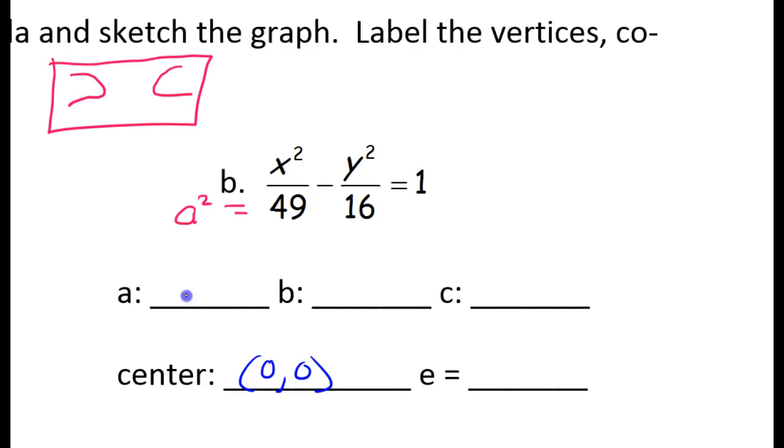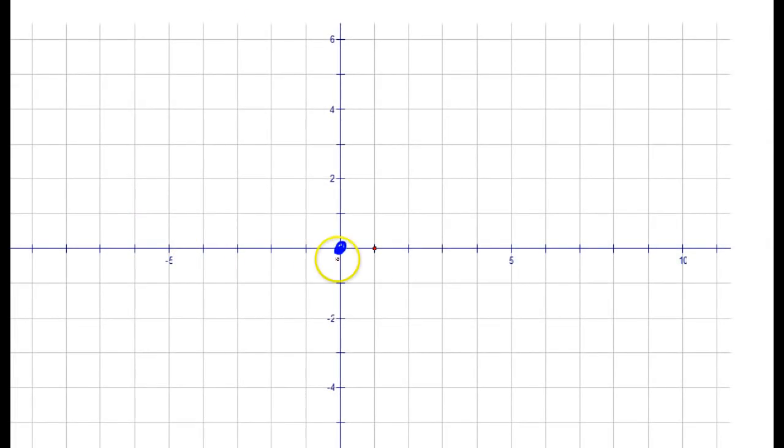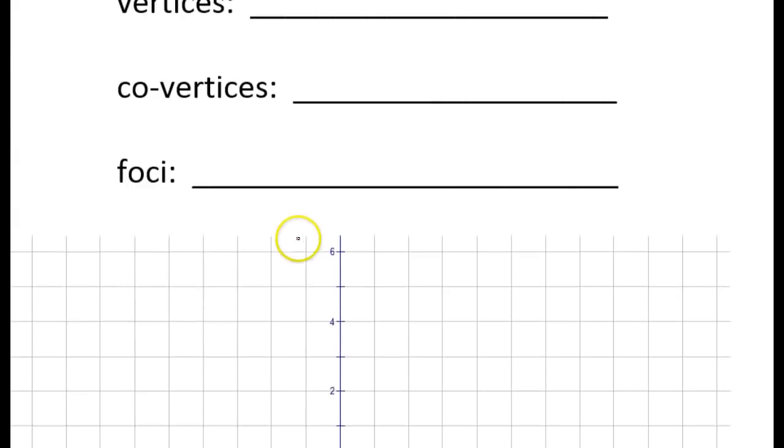So a squared is 49, which means a is 7. So I'm going to do plus or minus 7. Because the 49 is in the x term, I'm going to do my plus or minus 7 in the x direction. All right, so I'm going to go 7 to the right and 7 to the left. These are my vertices. So negative 7, 0 and 7, 0.